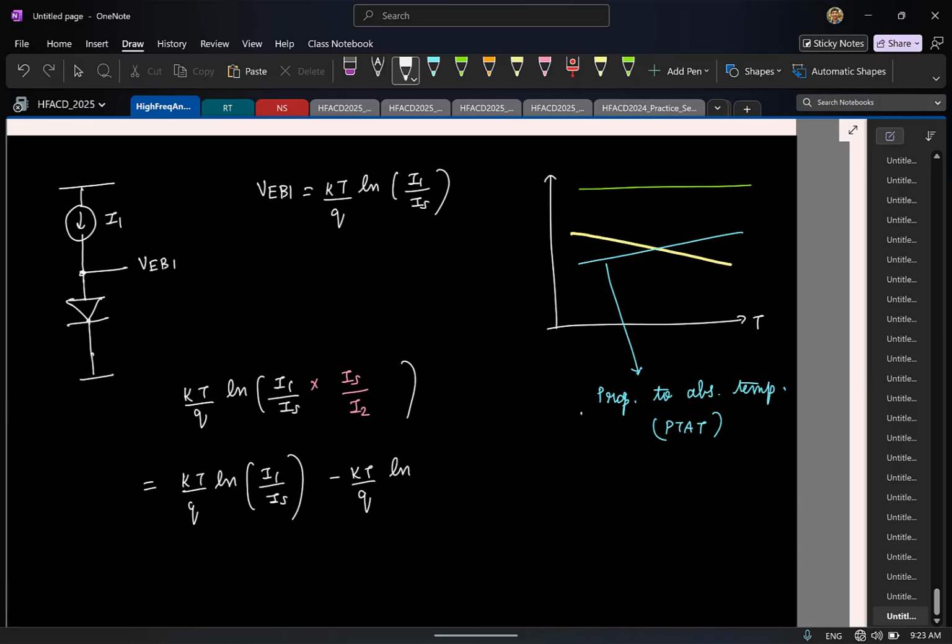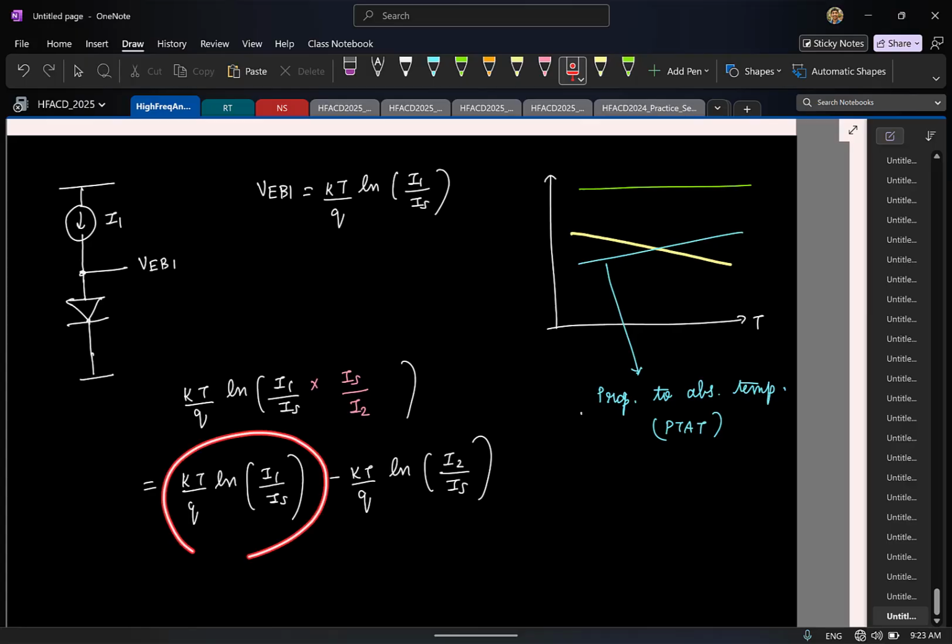Yeah, this is a more relatable format. Fine. So now if I generate a voltage which looks like this, that we know will have a PTAT behavior. Okay, so let's see how we can do it.